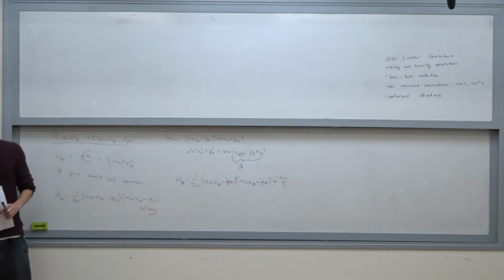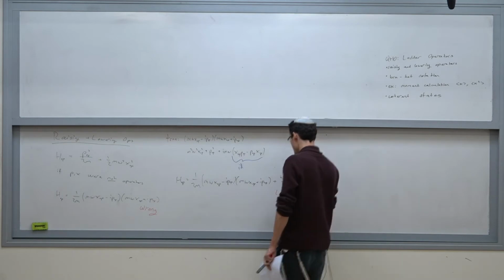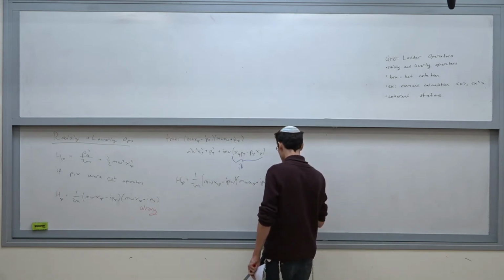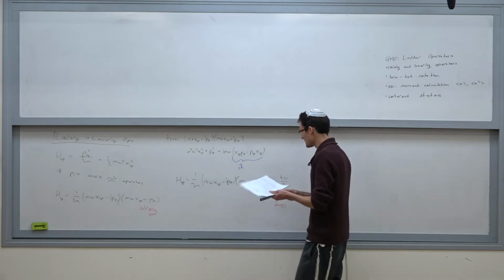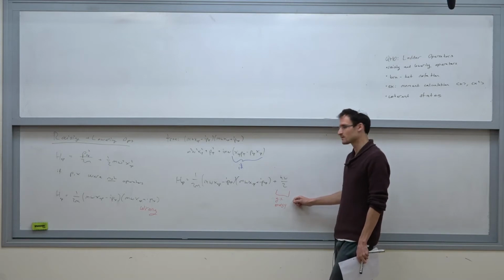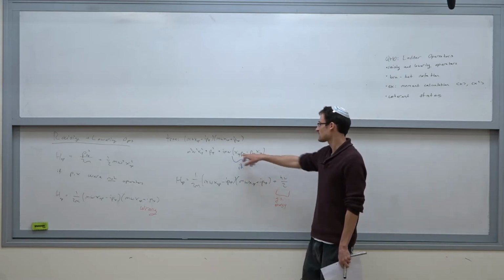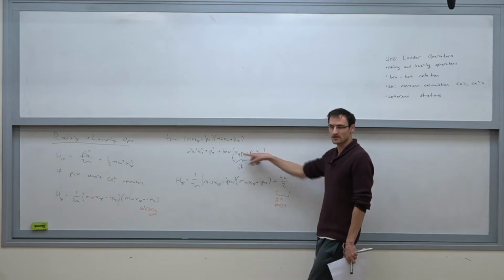Now notice that this is precisely the ground state energy. So the additional term is the ground state energy. And remember that the ground state energy is a direct consequence of the uncertainty principle. And here we see that it comes from the fact that the order of the operators matters.